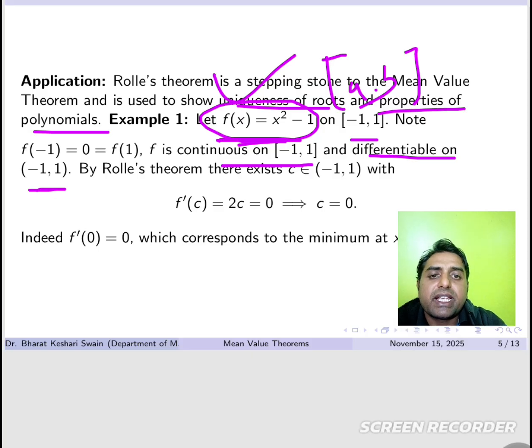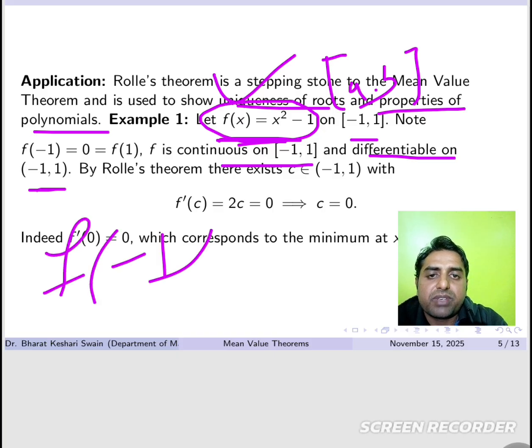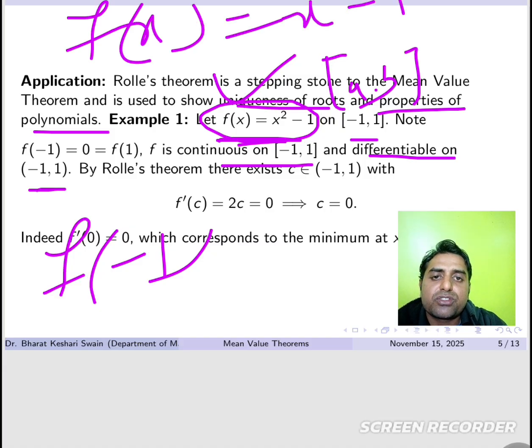Now we have to check f(a) equal to f(b). Here a is -1 and b is 1. f(x) is x squared minus 1. Put -1 here: it will be 1 minus 1, which is equal to 0.